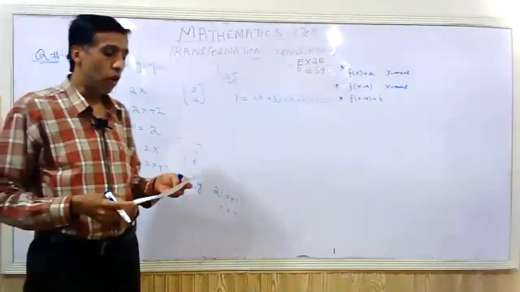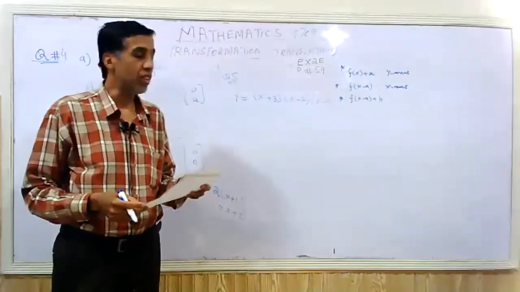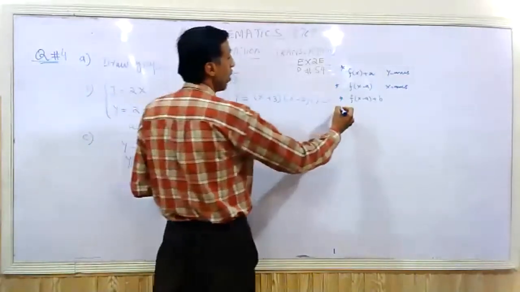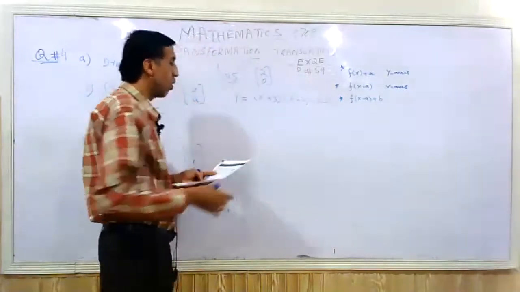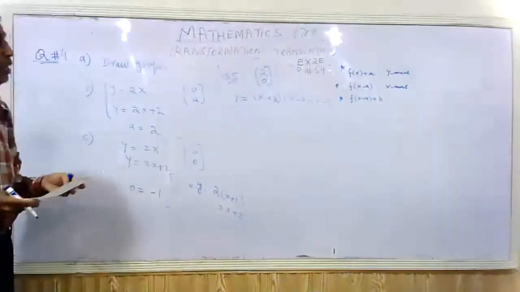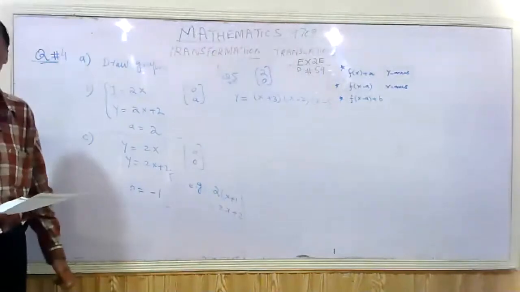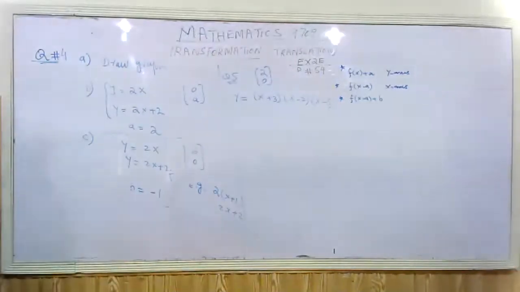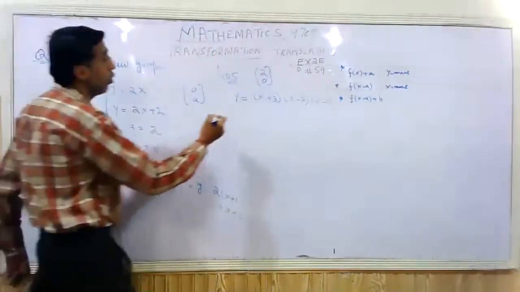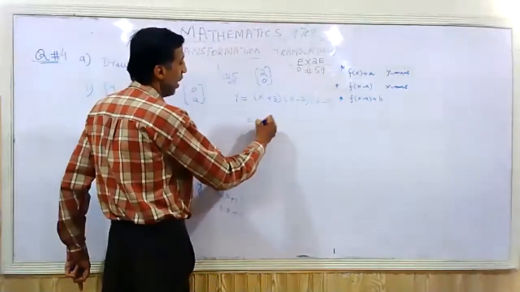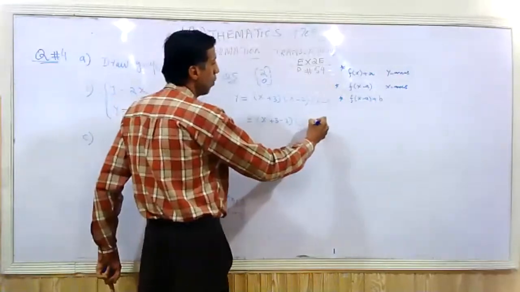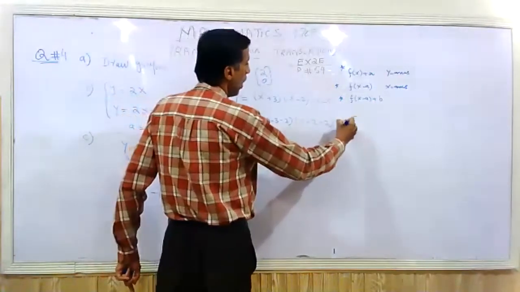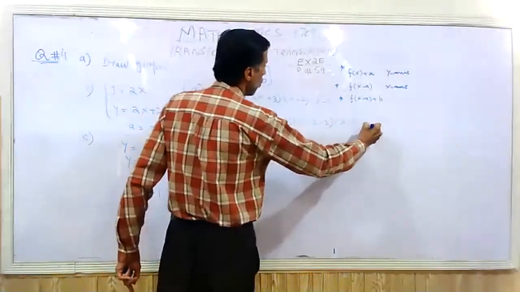Write in similar form the equation of the graph after the translation (2, 0). The translation has been given as (2, 0), which means the second law has been used. So for the second law, we just add: x plus 3 minus 2, x minus 2 minus 2, x minus 5 minus 2.